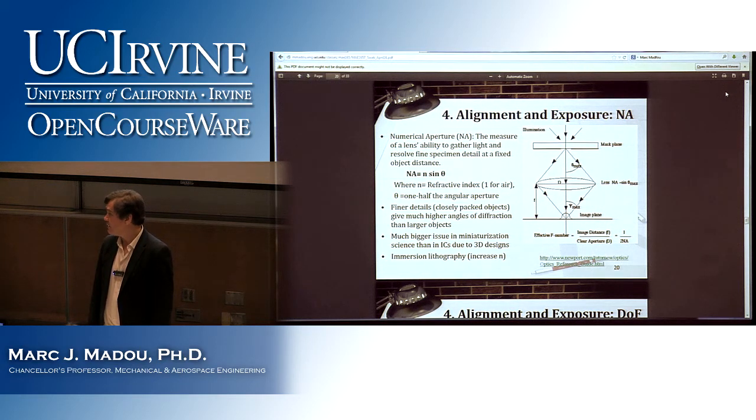You can imagine a dramatic improvement in resolution with kind of the same equipment. Intel and many companies around the world are trying to use that because they might get a little bit more resolution out of current equipment.